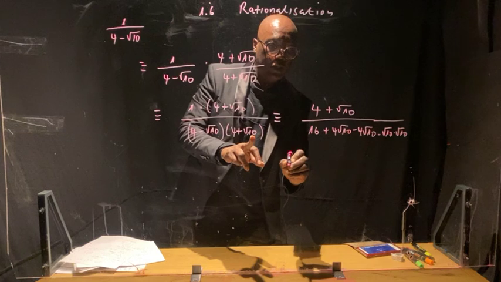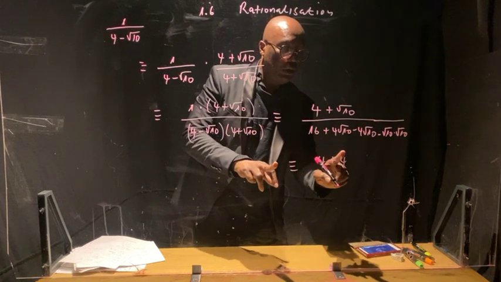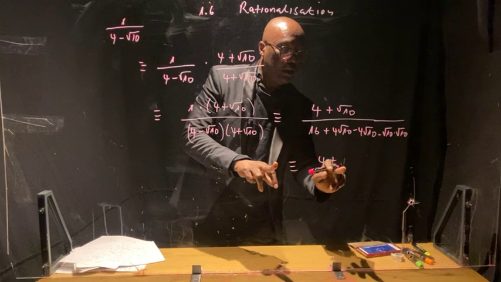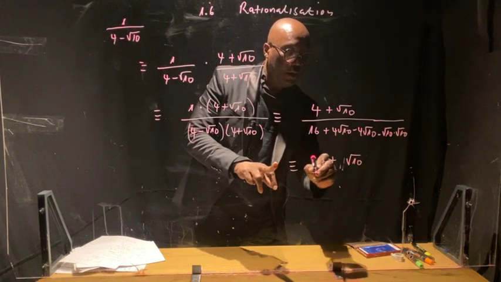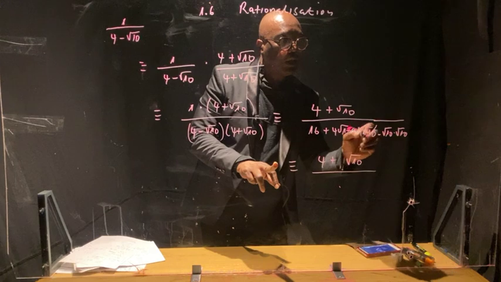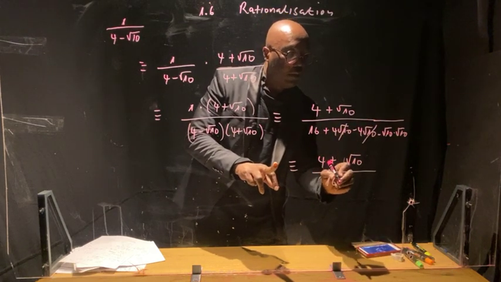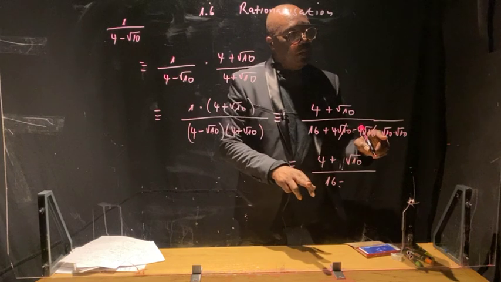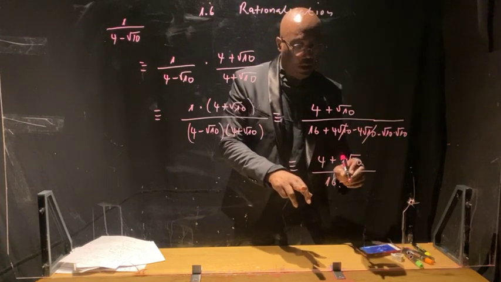Then it becomes 4 plus root 10 all over. Remember, this one cancels this one. So you are left up with 16 minus root 10 being multiplied to root 10, which is equal to 10.